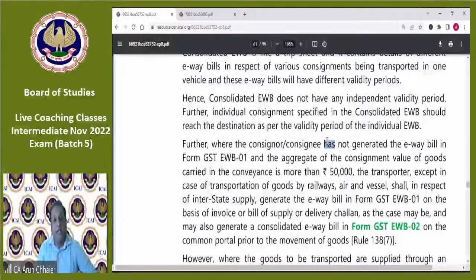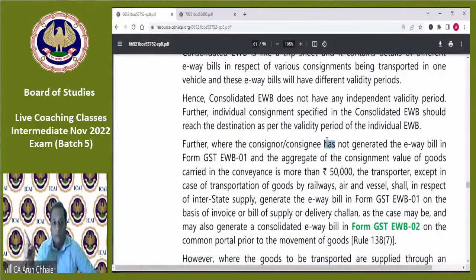Obviously no, sir. Now think about the total consignment being 51. The total consignment reached the transporter and he is carrying it in the same conveyance. Single consignments do not exceed 50, but consolidated it is exceeding 50.